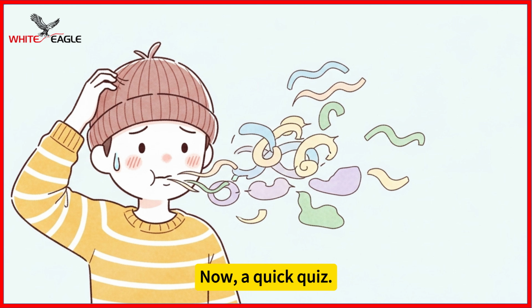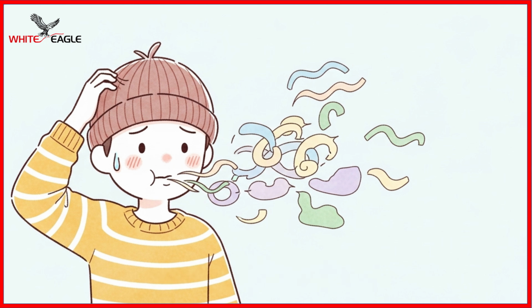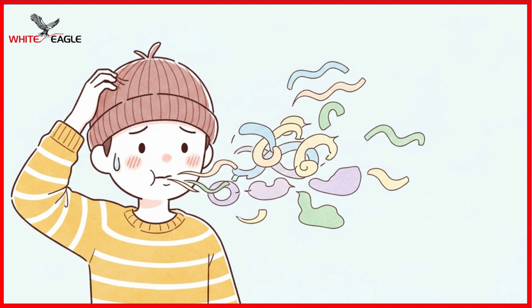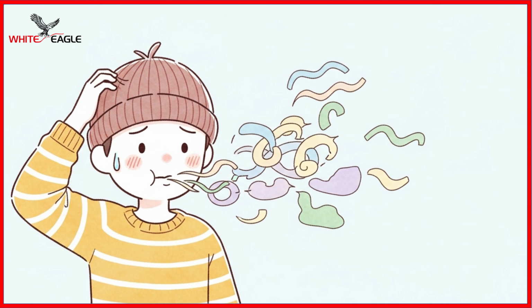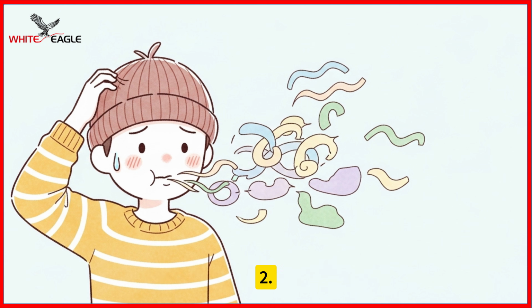Now, a quick quiz. Let's check what you learned. Is the sentence correct or wrong? 1. I arrived late and lost my train. Wrong. It should be I missed my train. 2.